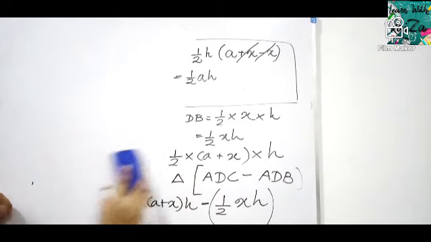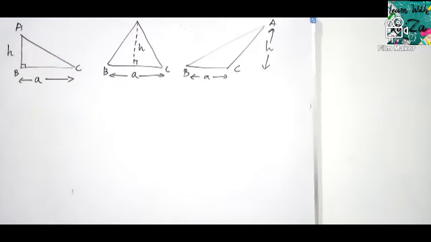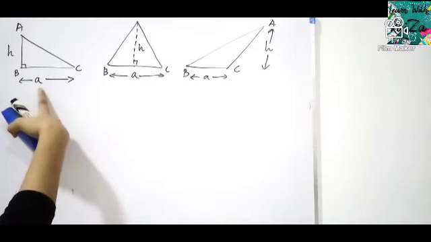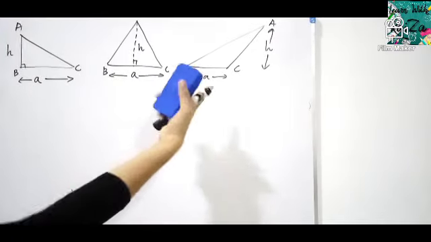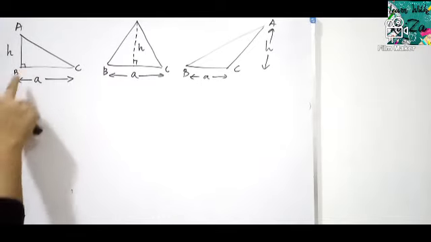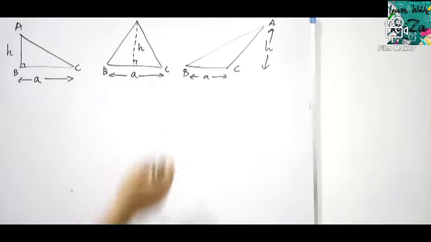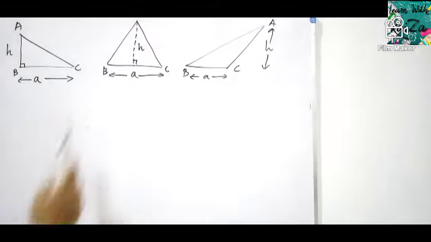I have taken here three triangles: right angle triangle, acute angle triangle, obtuse angle triangle. Right angle means 90 degrees, acute angle means less than 90 degrees, obtuse angle means more than 90 degrees. The most important thing some students face is how to select the correct base.